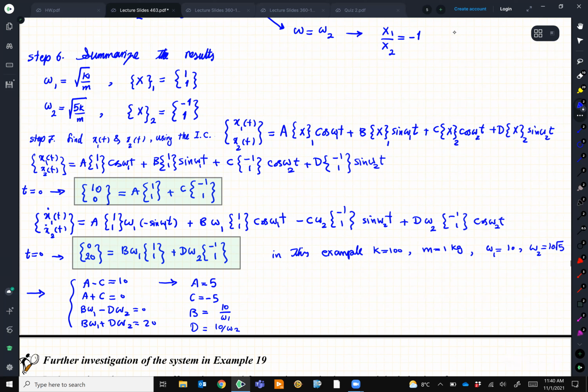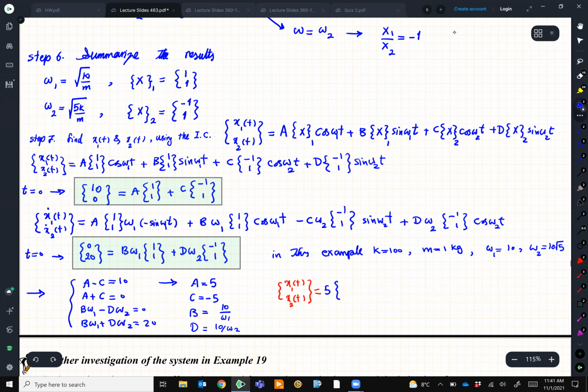So I have all these things and I can substitute them. So the final answer will be x1(t), x2(t), all these things that we found.